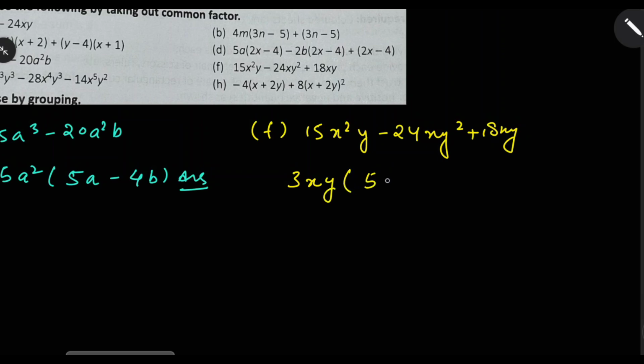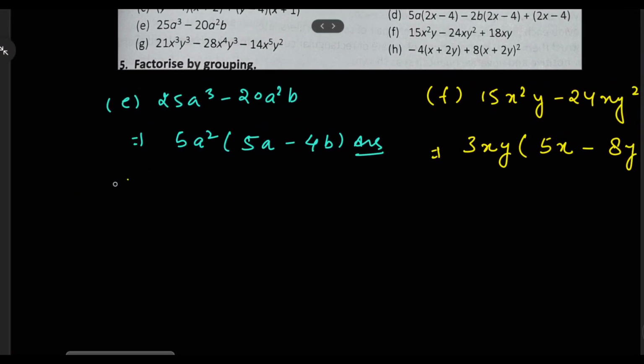So we are left with 5: 3 fives are 15, and xy is already taken common. Minus 8: 3 eights are 24, so here we will have 8y, because xy is common and we are left with y. Plus 18xy: 3 sixes are 18, so here we got 6 with xy common. So this is our answer.